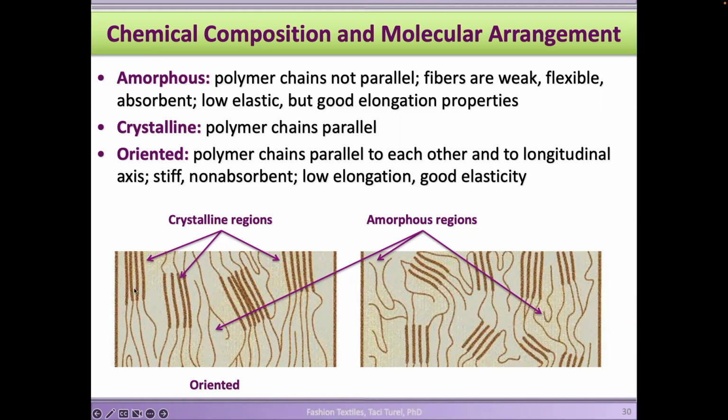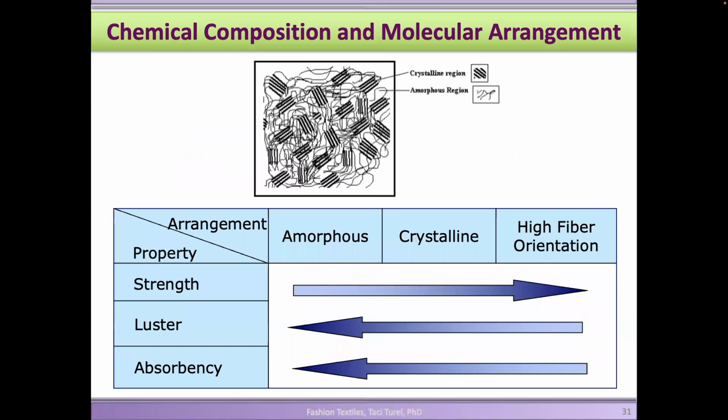So it's harder to break those type of fibers. But if they're a little more mixed up, then it's easier to break them. It's not as strong. So all of those little things and the chemistry of the fiber affects the way it behaves. Okay.